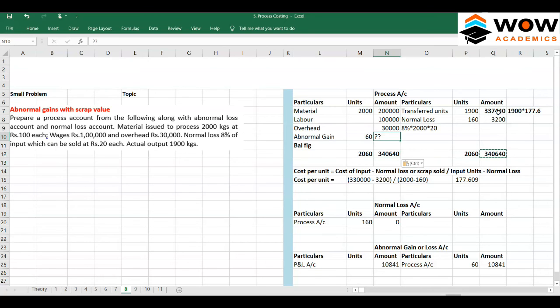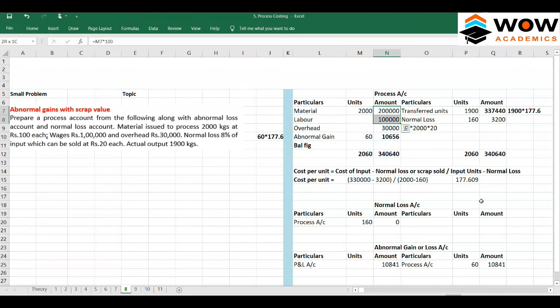We have to again value this. To value this, we'll work out here. So let's add all of them.